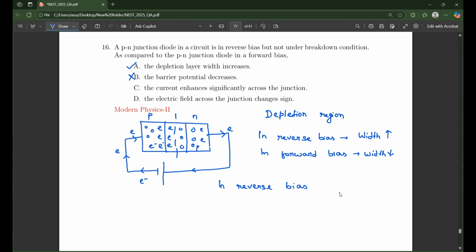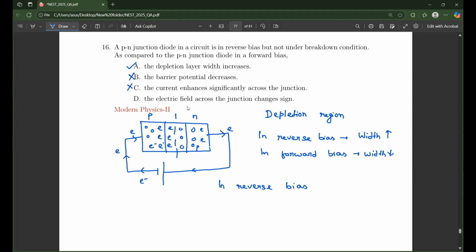Generally a PN junction diode operates in forward biased, not in reverse biased. It is only in a Zener diode that reverse bias operation happens, but apart from that, mostly all PN junction diodes act in forward biased. So that's why current will decrease, not increase, in reverse biased.